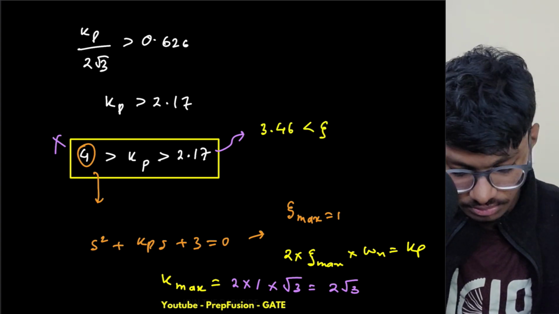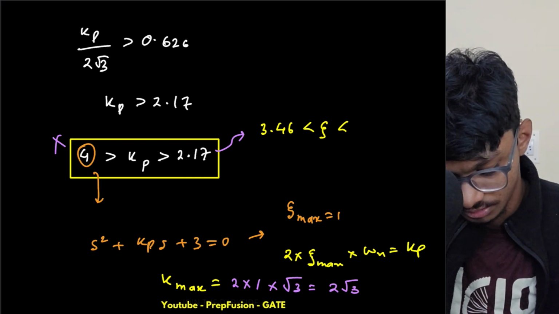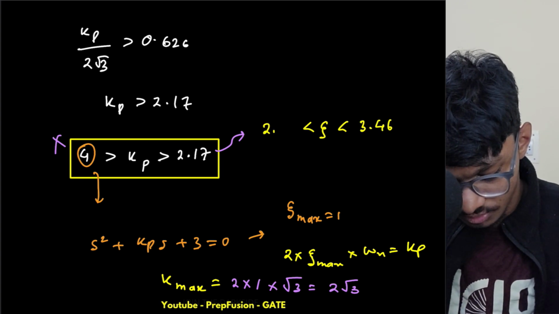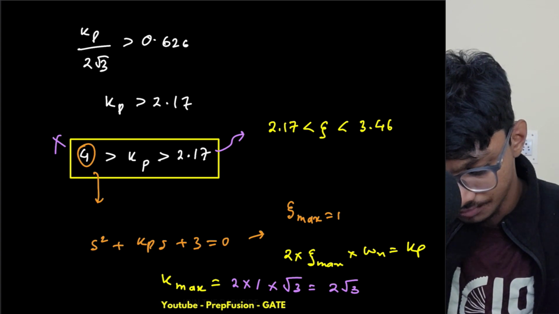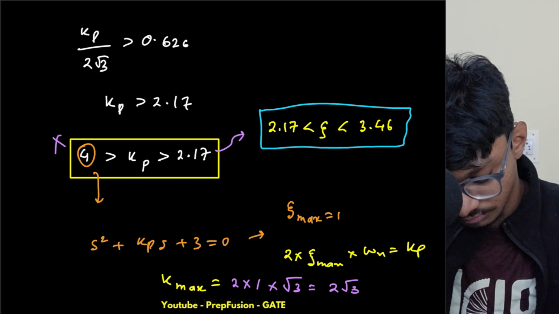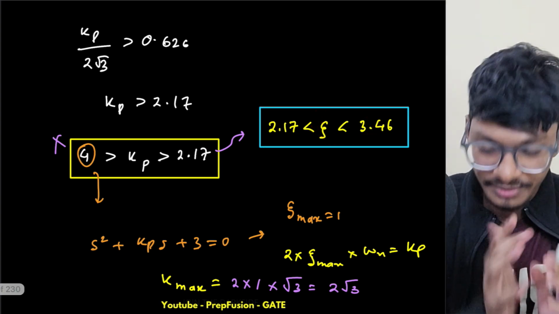And zeta between this, sorry, I made a mistake. This will shift to that side and this will shift here, 2.17. This is the value of zeta. So just be careful about that.